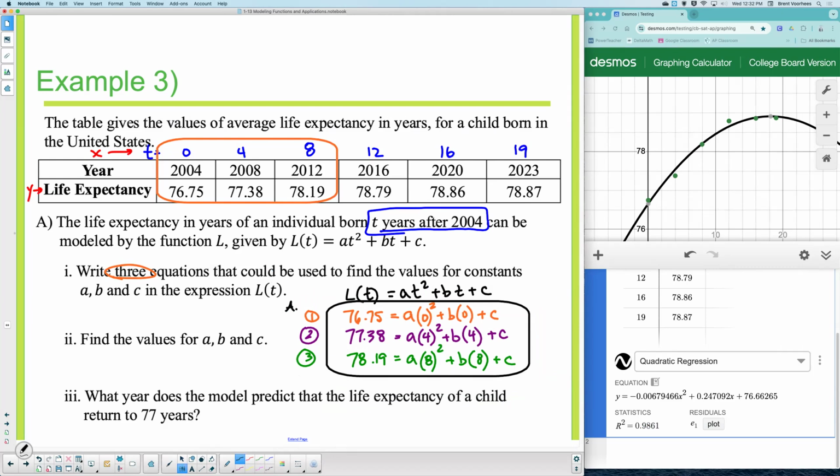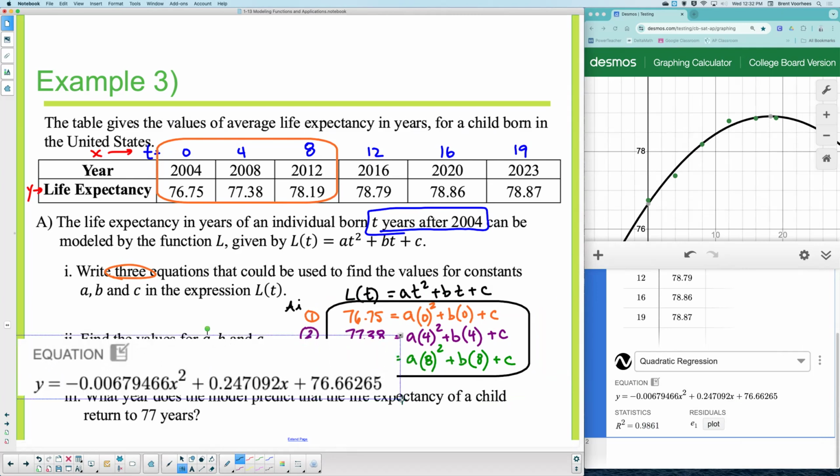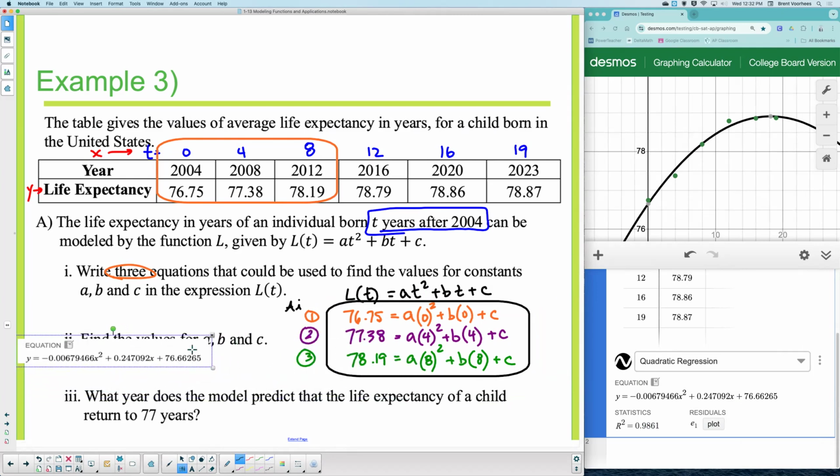Questions over that? No? Okay. Second point comes from getting your equation over here. Again, we need at least 3 decimals. So I'll copy that over. So my A is approximately negative 0.007 when I round.